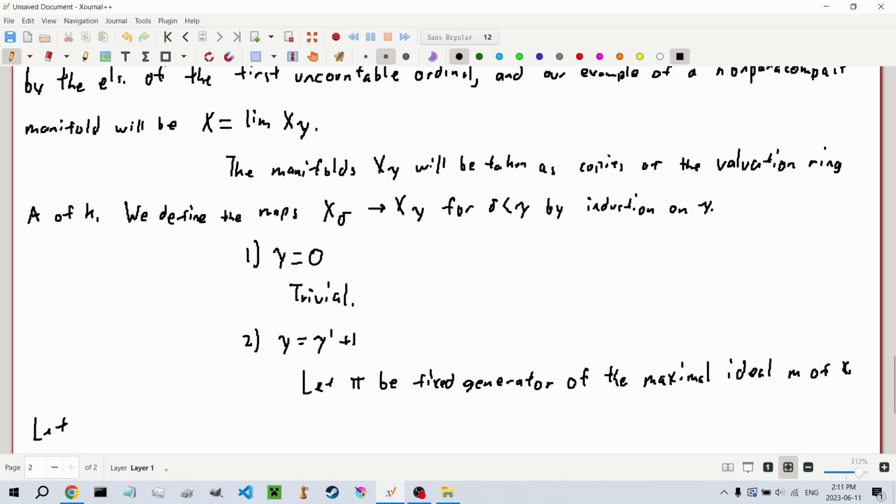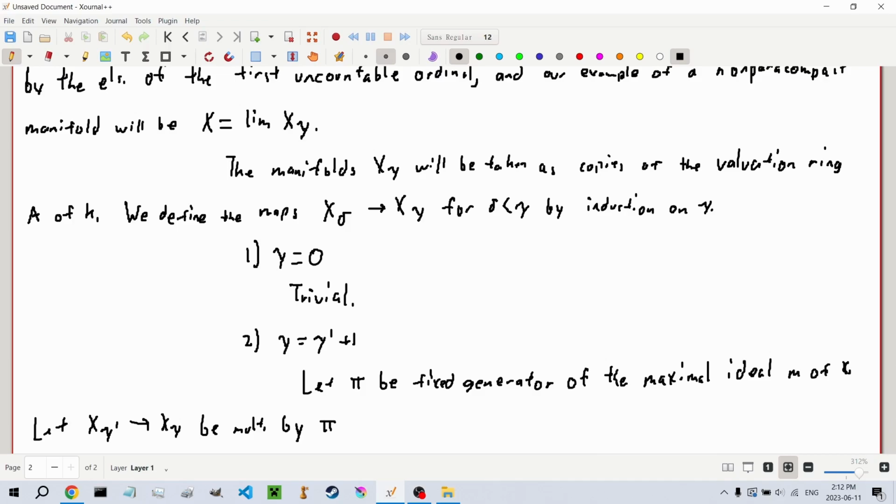And we're going to let the map from x gamma prime into x gamma be multiplication by this fixed generator.